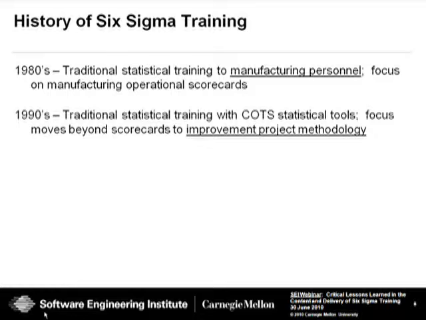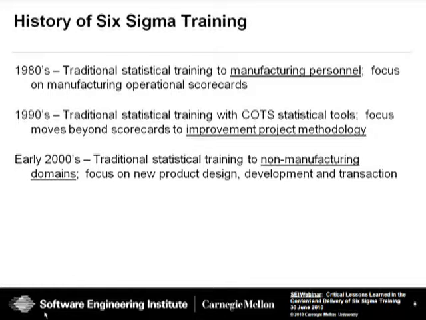people hear about today. In the early 2000s, I believe that there was a definite shift to the non-manufacturing domains, a focus on new product development, design development, and actually even the transaction and service arenas. And actually that's even where you saw the integration and combined use of Lean and Six Sigma.